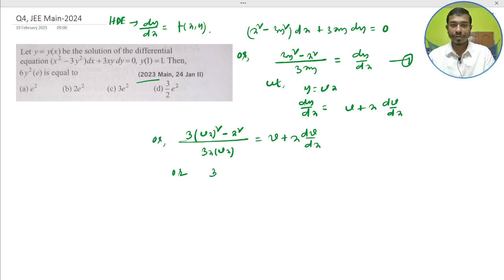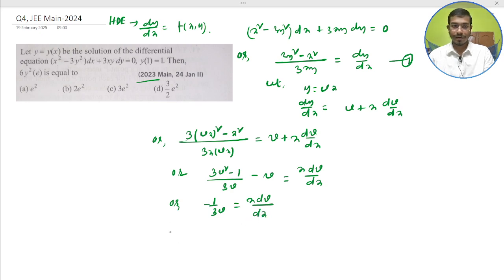Now calculate. So here 3v square minus 1 divided by 3v, minus v, it would become x dv/dx. Now simply, minus 1 by 3v is equal to x dv/dx.